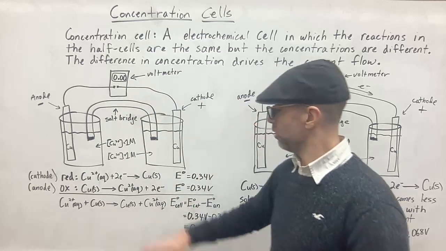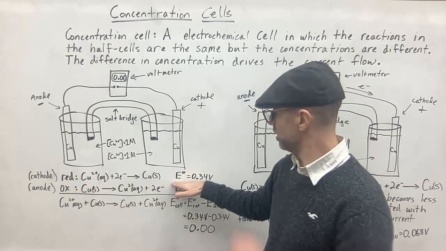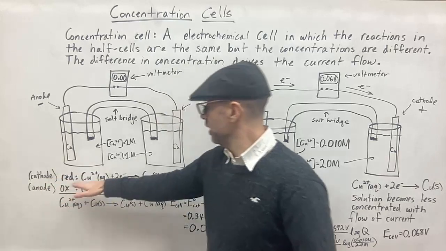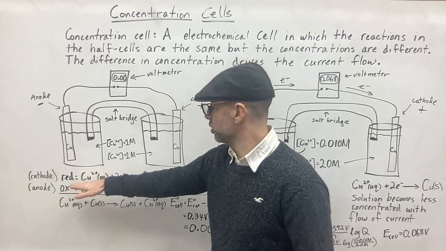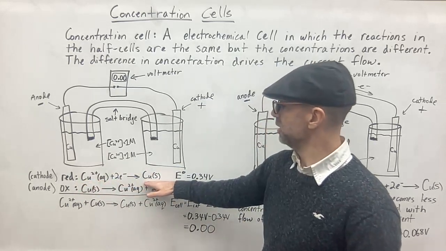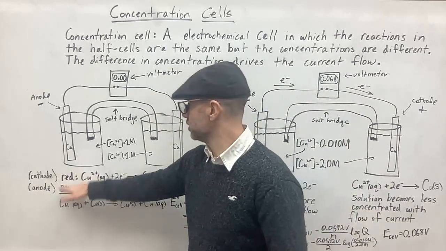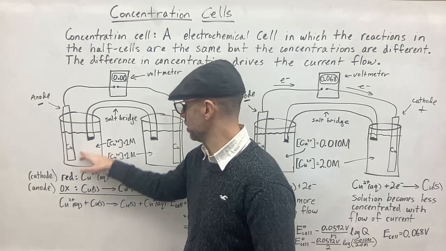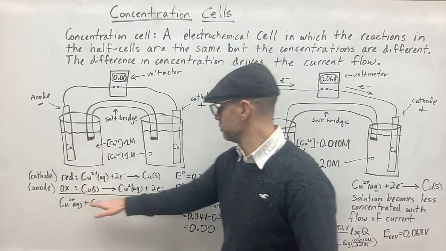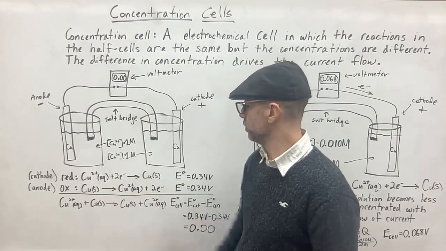Well, why is that? Well, if we look at the reactions here, and there's electrode potentials. So we have reduction happening at the cathode, and that is you have your copper 2 plus ions picking up 2 electrons to become solid. And then at the anode you have oxidation. Oxidation would be the copper atoms giving off 2 electrons to create more copper 2 plus ions.